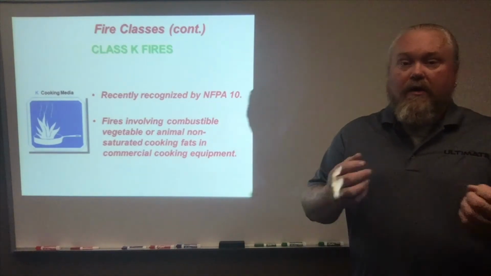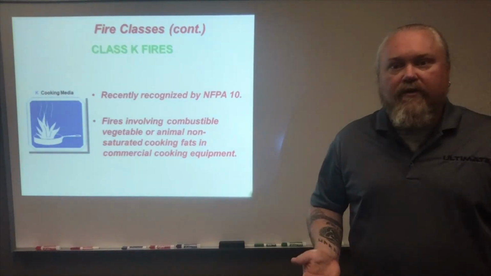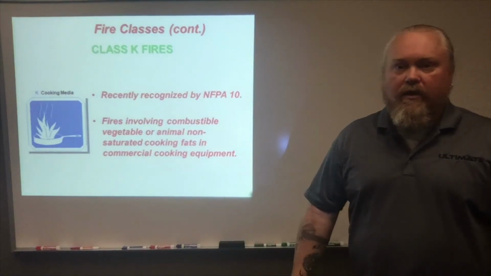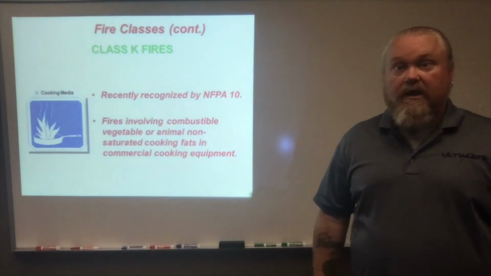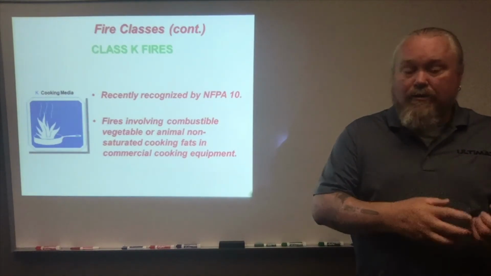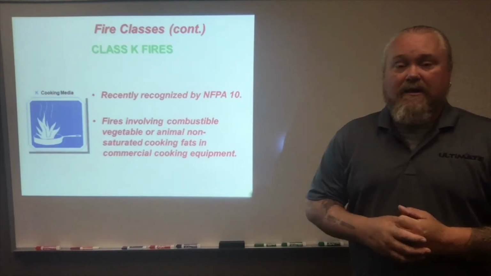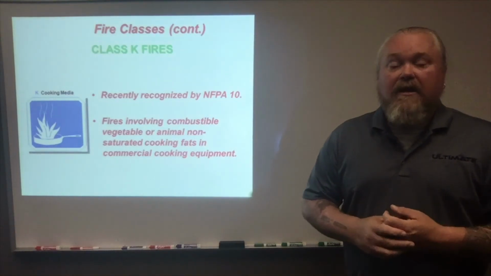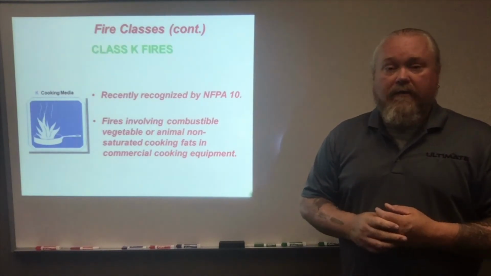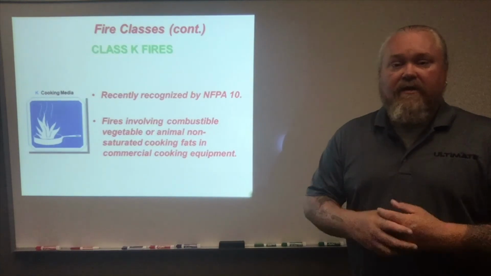Anytime you put water into a boiling pot of oil, water's heavier than oil, so it goes underneath, turns into steam, expands, and spews out all the oil on top of it, which makes the whole situation a lot worse. K fire extinguishers are a lighter material than oils, so they sit on top in a foamy state and prevent oxygen from getting in, and also draw cooling effects to the surface of that material to slow down the off-gassing of that material.